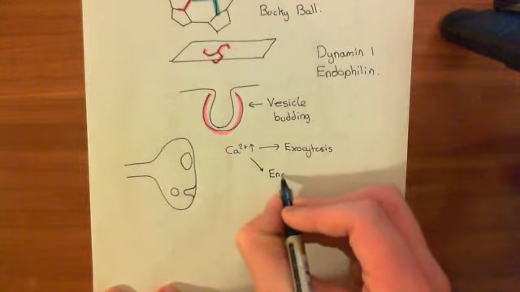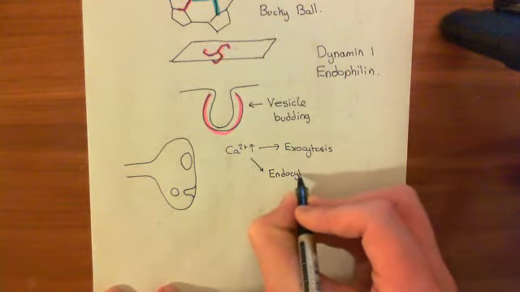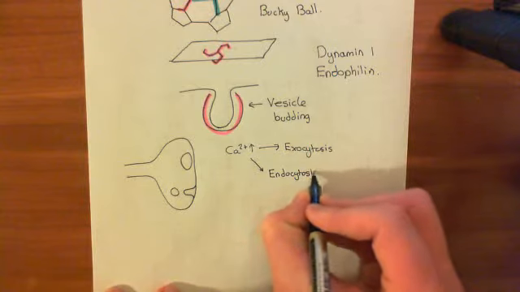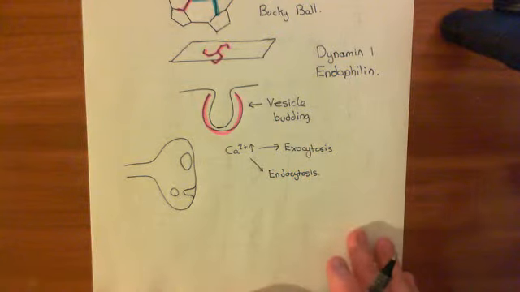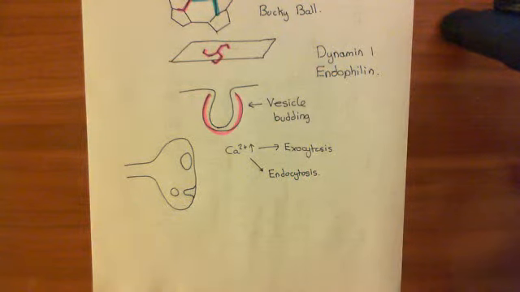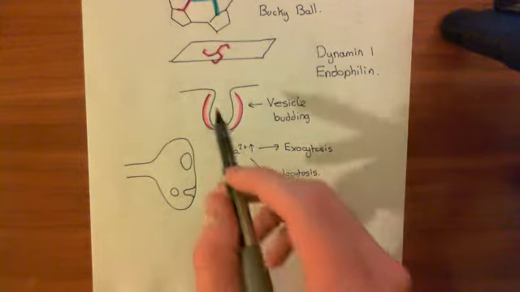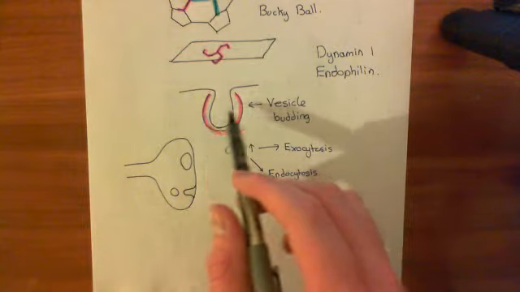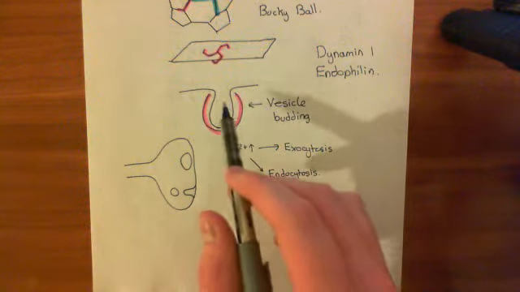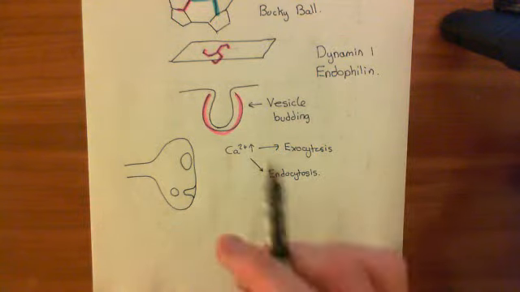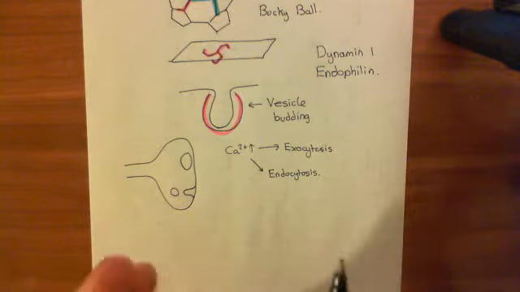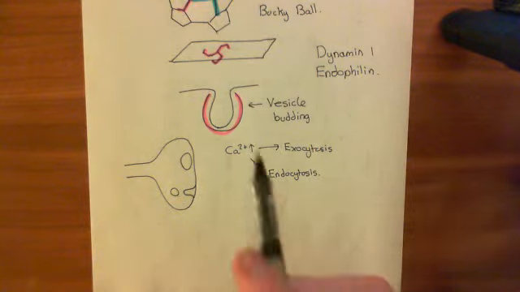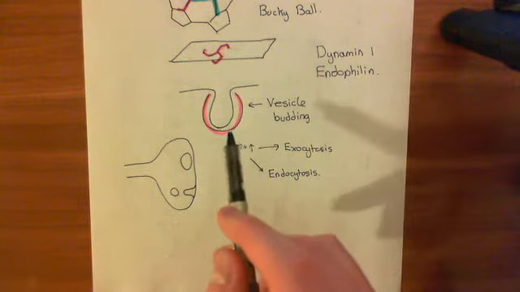And the way it's going to do this is it's going to activate this Dynamin 1 protein, and we're going to see how. Basically, all of this process we've seen so far, the budding off of this vesicle by the clathrin polymerization, is calcium independent. This will happen without calcium.